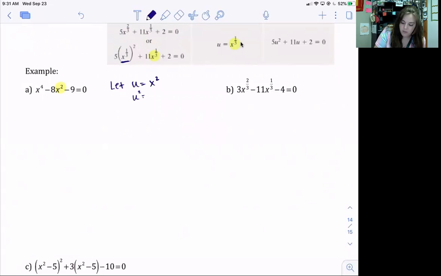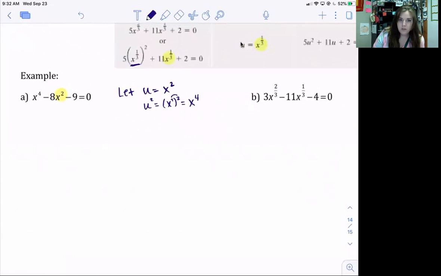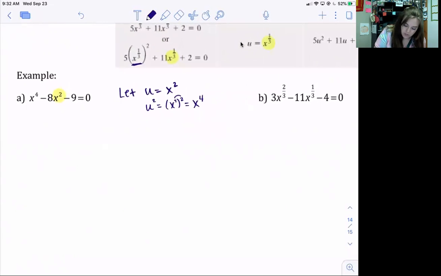If we square both of those, it tells us u squared equals x to the fourth, because our power rule says we multiply those exponents. So we can rewrite this equation as u squared minus 8u minus 9 equals 0.